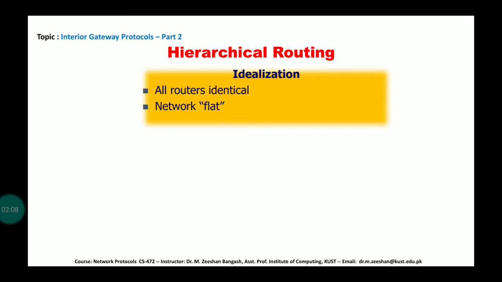The topology of the network is not dynamic, it's not changing. Most of the topology is static in nature. So this is basically the ideal situation for a network of networks. However, in reality this is not possible.